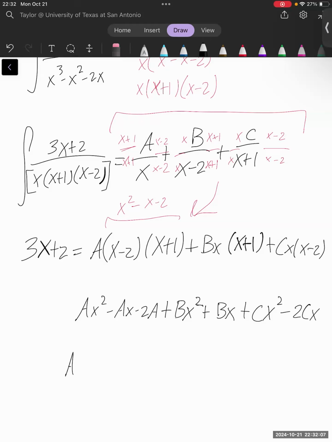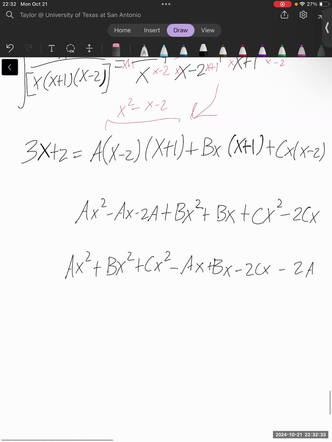So then I have ax squared plus bx squared plus cx squared minus ax plus bx minus 2cx and minus 2a. Doing a little bit of factoring, I'm going to factor here, and I can't really factor here.